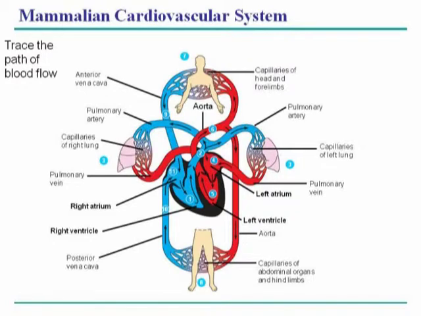And when the number 5 structure, the left ventricle, contracts, the blood is sent through the aortic valve to the number 6 structure we call the aorta. The aorta is a big red blood vessel.